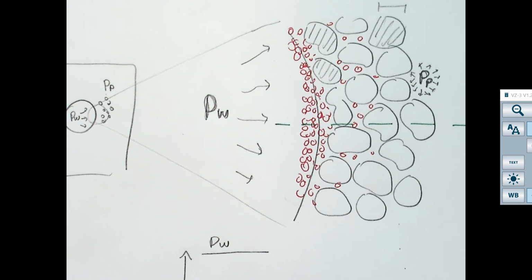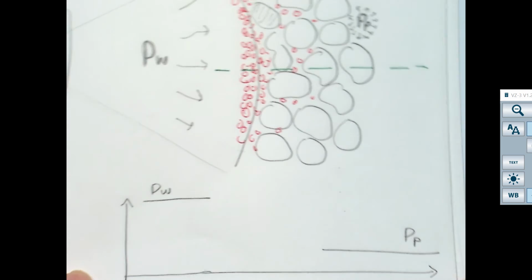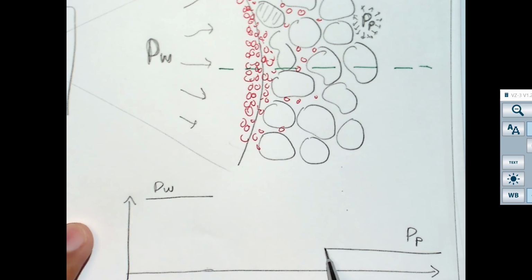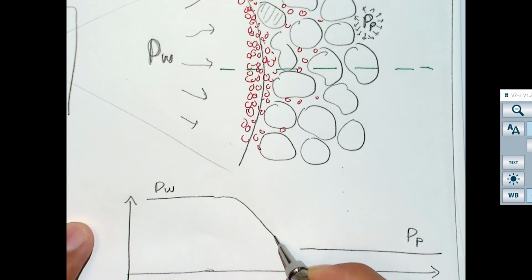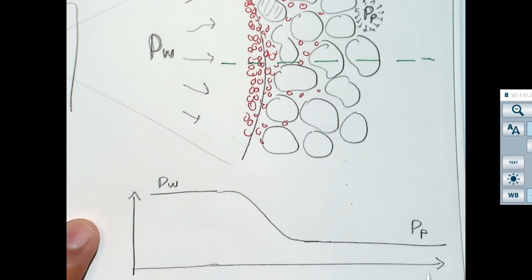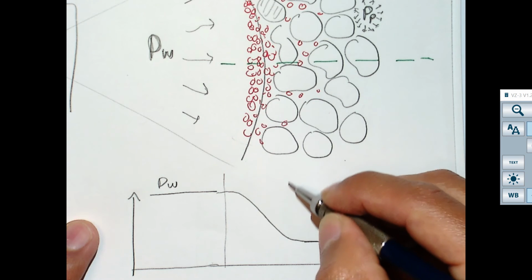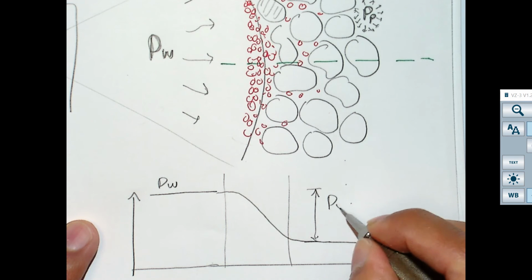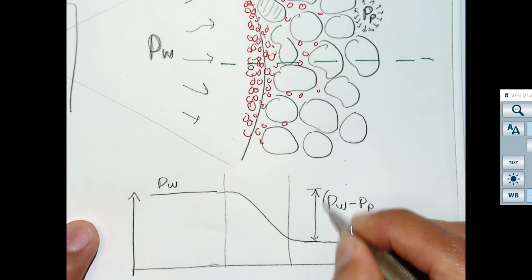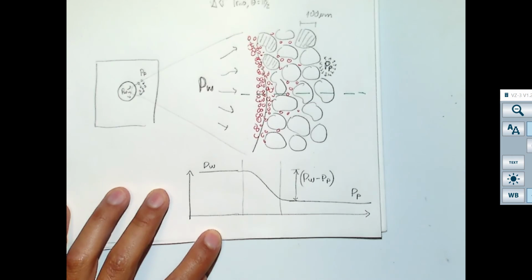What the mudcake does is it enables a transition zone from a high pressure in the wellbore to the pore pressure in the formation. So this difference is what the rock really feels.